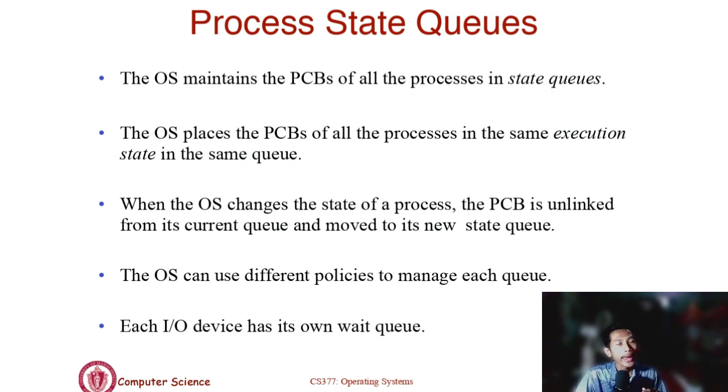So when the operating system changes the state of a process, it unlinks the PCB from its current queue and moves it into the appropriate state queue. This dynamic movement ensures the processes are consistently managed and scheduled based on their current requirements.